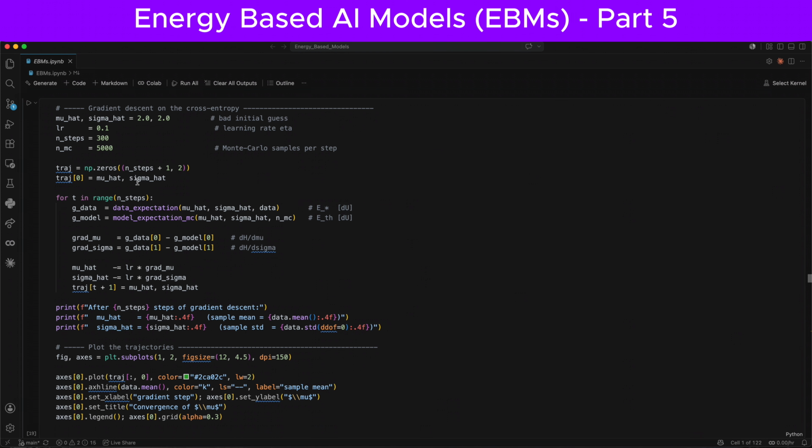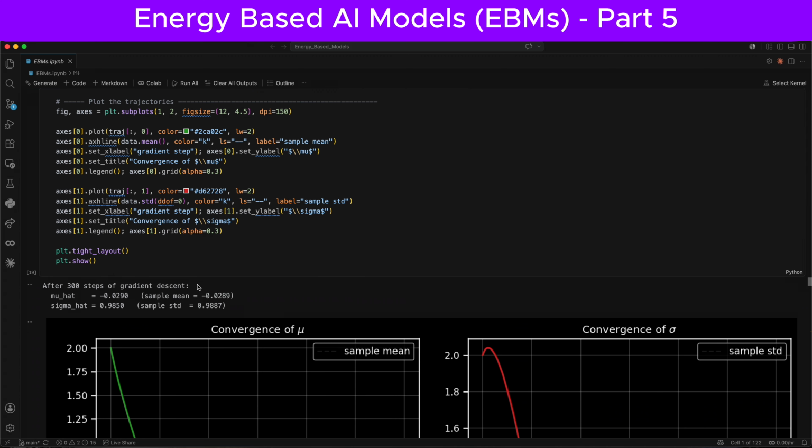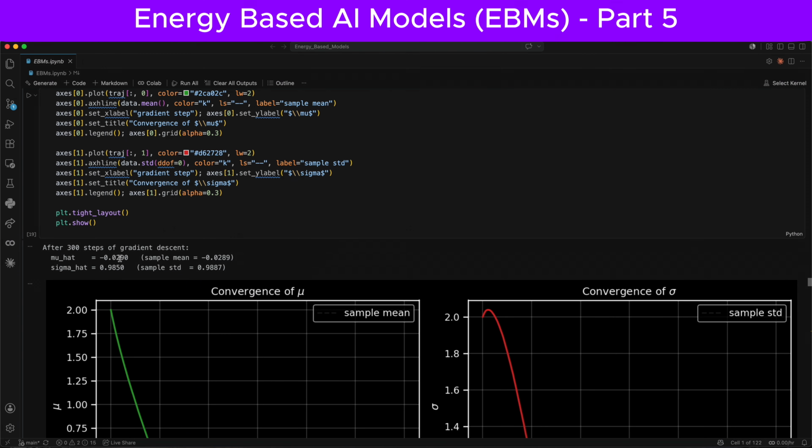In this code, I run 300 steps of gradient descent. At each step, I compute the data expectation, then the Monte Carlo model expectation, subtract them to get the gradient, and update the parameters. I also record the trajectory so we can plot it. After 300 steps, the estimated mu is about minus 0.029, which is close to 0.